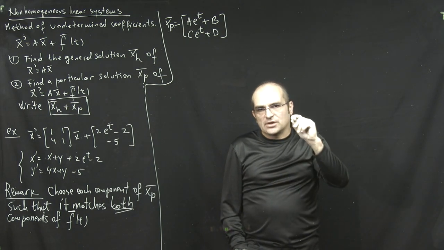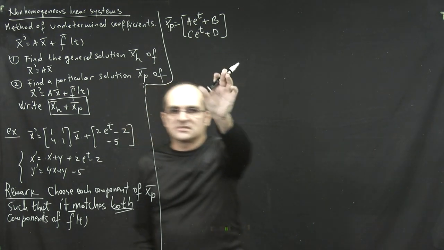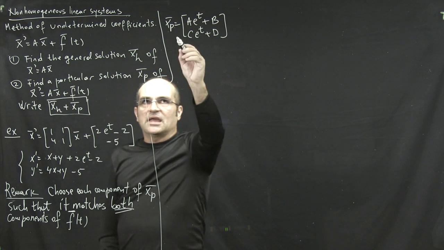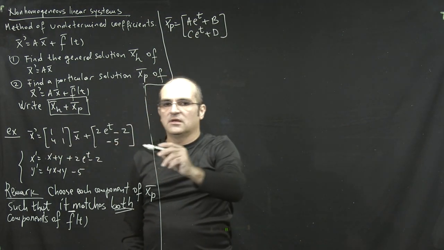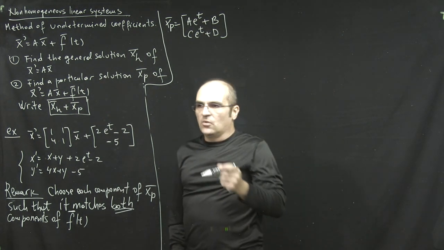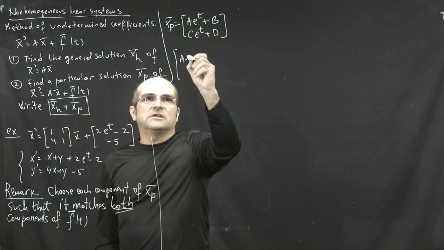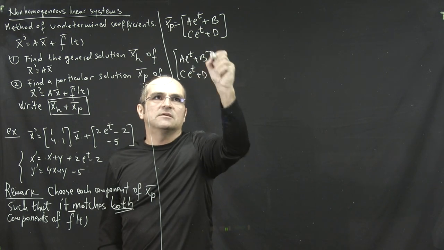So once you make the choice correctly, now you basically proceed with finding the coefficients by extracting the matching equations. So you're going to plug in xp, this format, into the system, do some algebra, and then extract the matching equations. So on the left side, we're going to plug in the derivative of a e to the t plus b, c e to the t plus d.